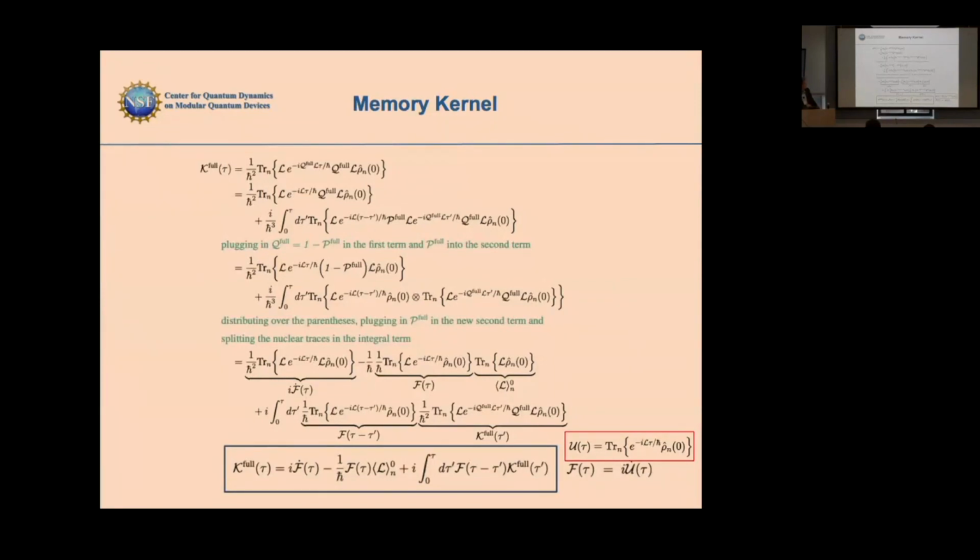Simply a straightforward derivation. And we find that we can integrate it like this, and this is the standard way of propagating the memory kernel, in terms of this function u, whose derivative corresponds to this non-projected input function. Very good.